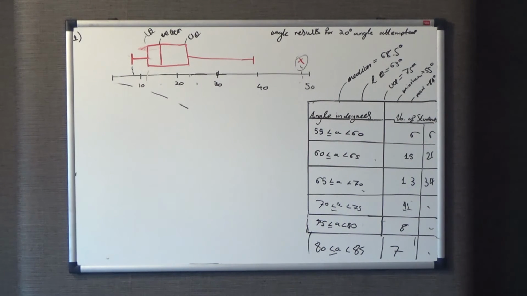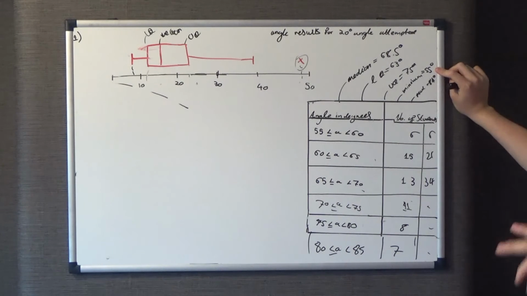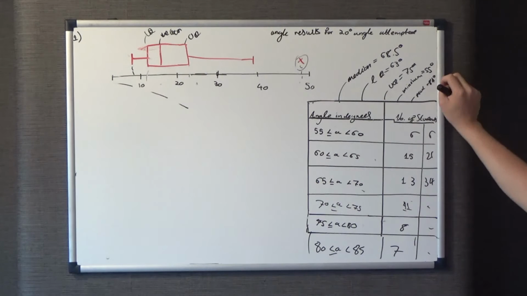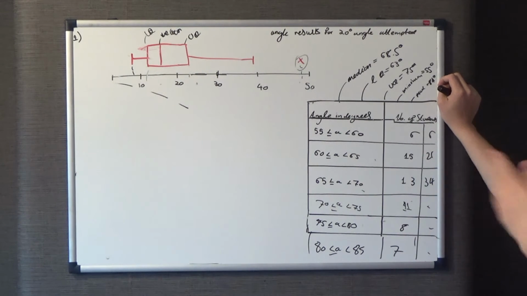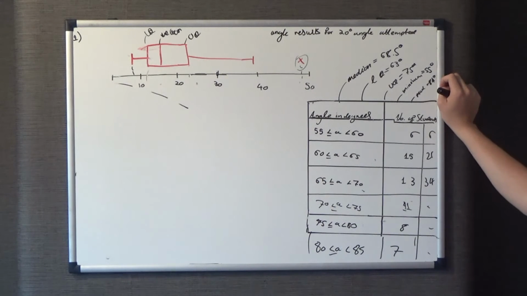Okay, so E part 1 says, show that there are no outliers for this data. Basically what we've got to do is work out the interquartile range and show that there are no values below or above. The whisker, if you can think of it, can stretch to 55 as a minimum and 84 as a maximum. So if it stretches past that, these two maximum and minimum recorded values won't be an outlier.